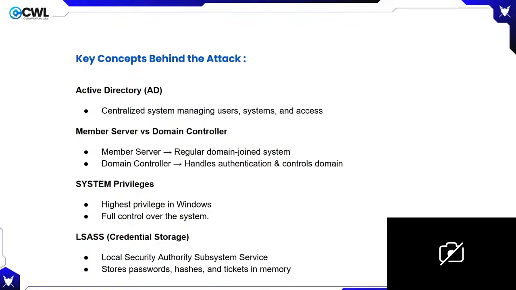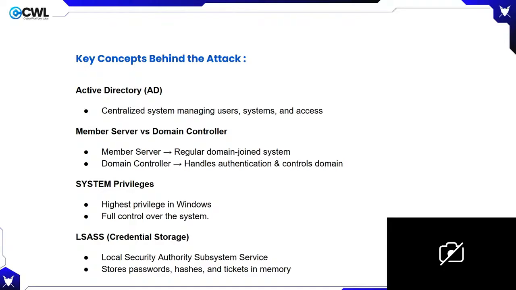Since this attack starts at a member server and then moves to the domain controller, it's important to understand the difference between the two. A member server is a regular domain joined machine, meaning it is a machine that is joined to the domain, while the domain controller is the one that controls and handles authentication of the entire system, servers, or users present in the Active Directory.